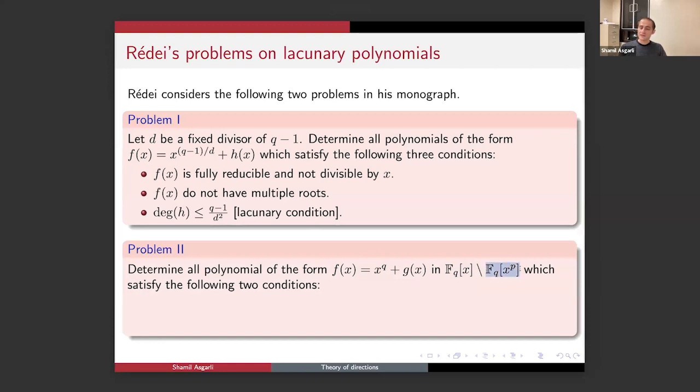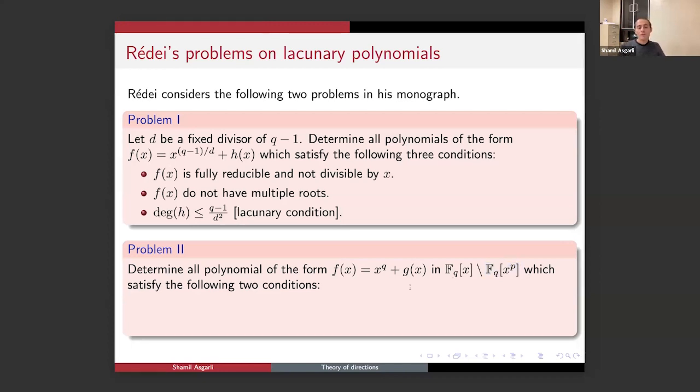And that's because polynomials in this subring of F_q[x] have the special property that their derivative is identically zero, because all the monomials that appear have exponents divisible by p. So when you take the derivative it is identically 0. So we want to avoid those polynomials.